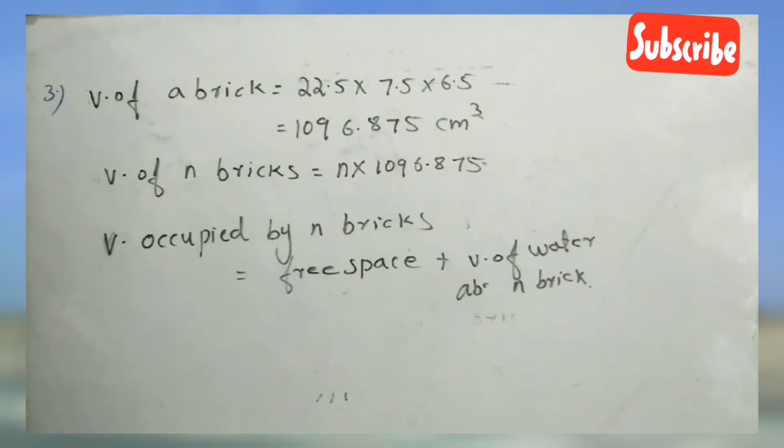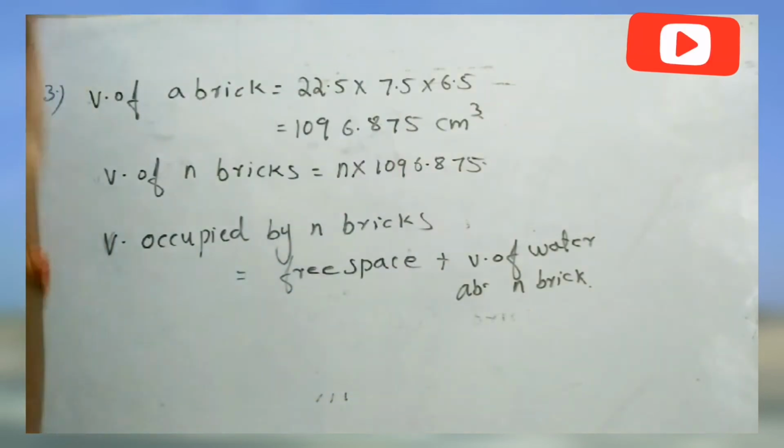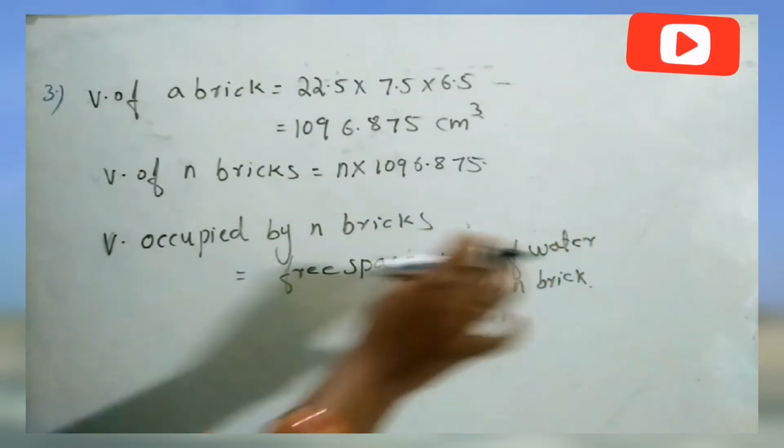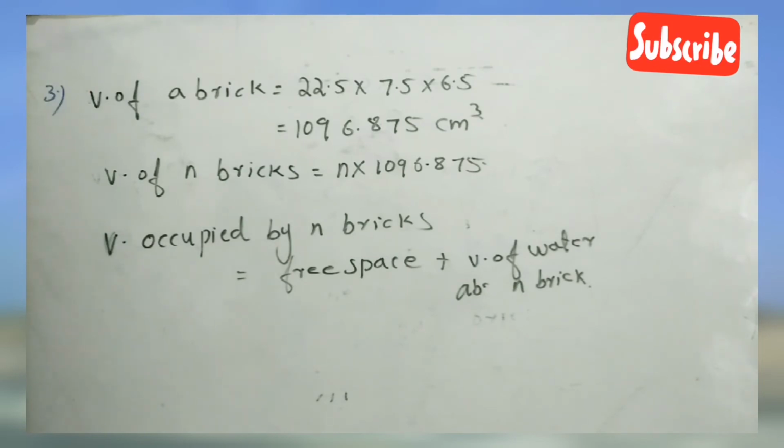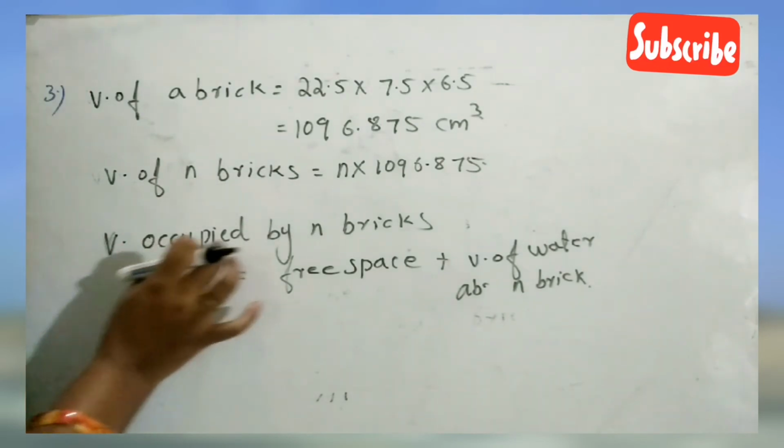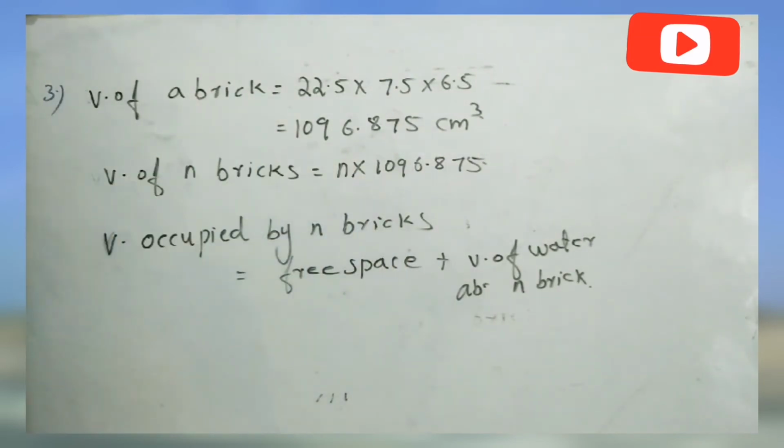If you put one brick into that cistern, it will absorb 1/17 of the volume of that brick, so we will have that much more free space. So the total free space is equal to the free space we already have plus the volume of water absorbed by n bricks.